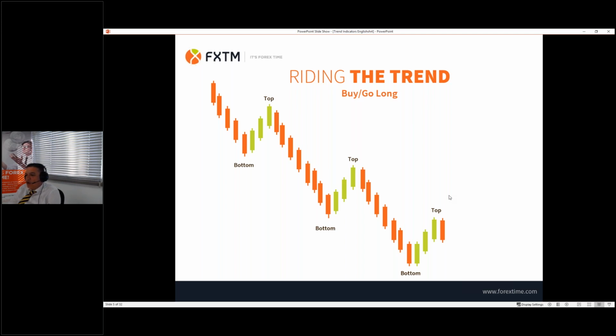Now, I have another question. How can we trust indicators, since we know that they display a lot of delay? We know that indicators are lagging. How can we trust them? Actually, it's a very good question.